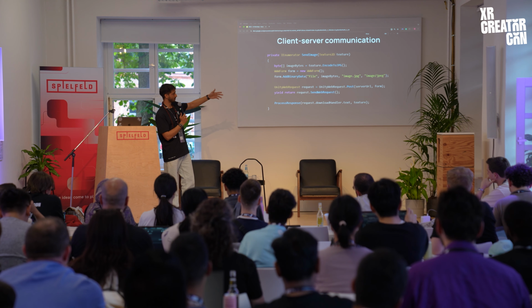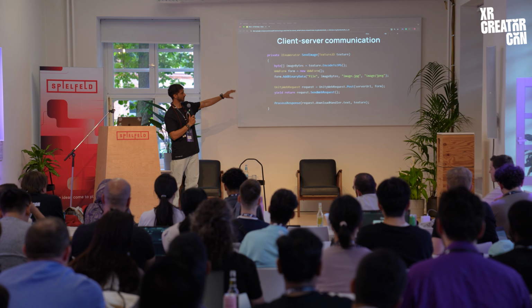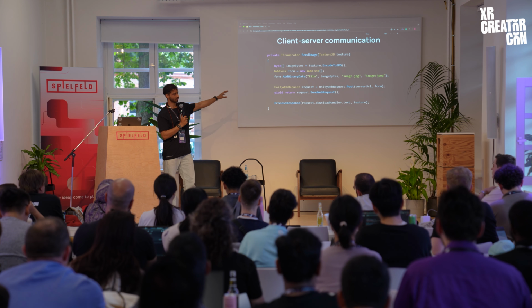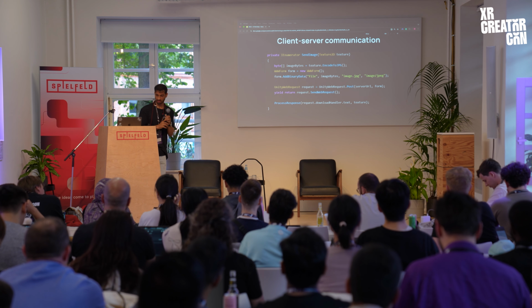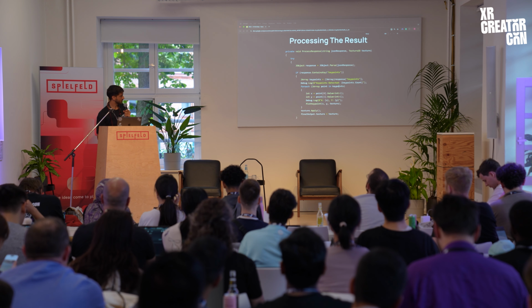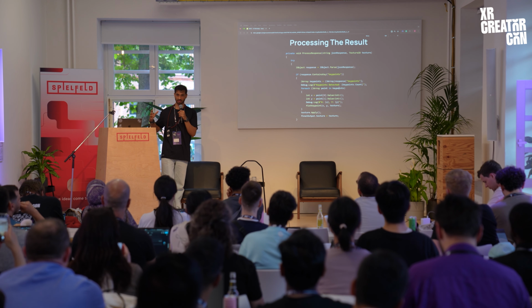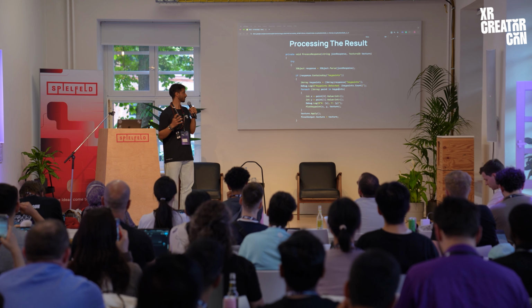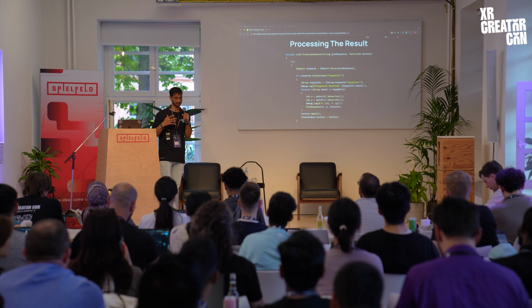In my case, it's a JPEG image. Then we send the request to the server with the data, and then we wait for the response. Once we have the response, you process it, and I'll show you how the processing works. From the Flask app, we are going to get a JSON response, which we are going to then parse and extract the key values.